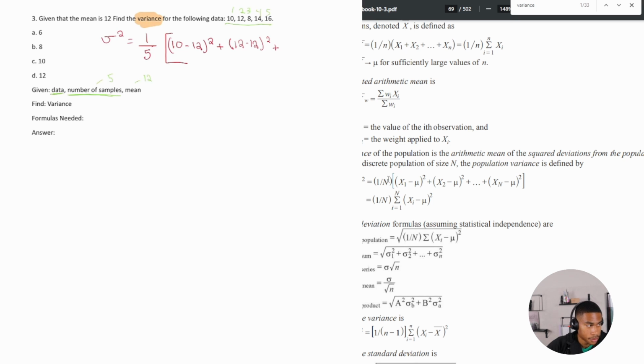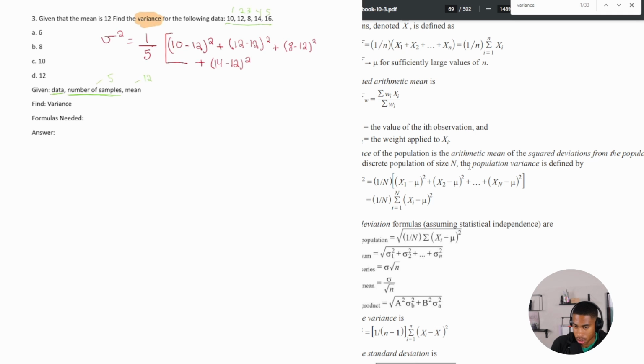Plus 8 minus 12 squared. I'm going to come down here. That way I don't run out of room. And I'm going to say plus 14 minus 12 squared.